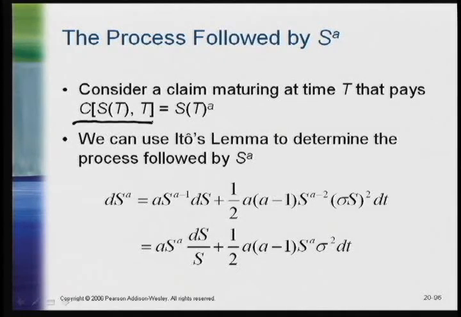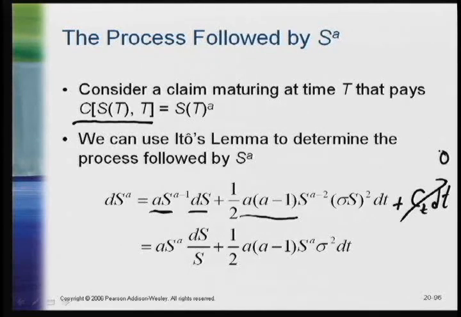So when we apply Ito's lemma, we get the derivative of the function times dS. We get the second derivative of the function times a half sigma squared S squared term, and then of course the t derivative of C is 0, so there isn't the expected value of C sub t dt. That's gone because it's 0.